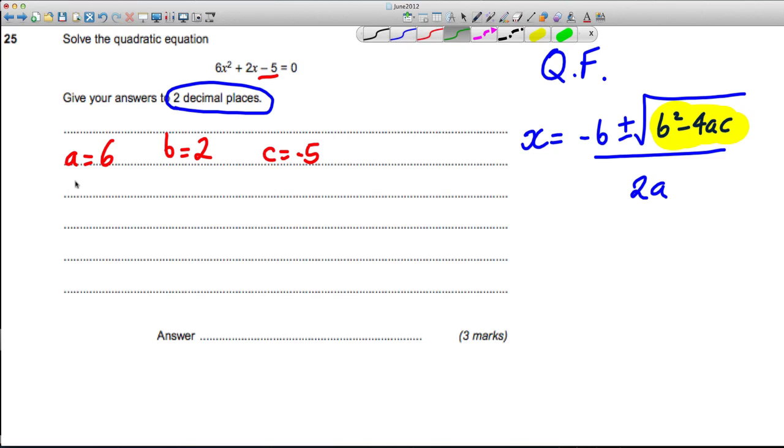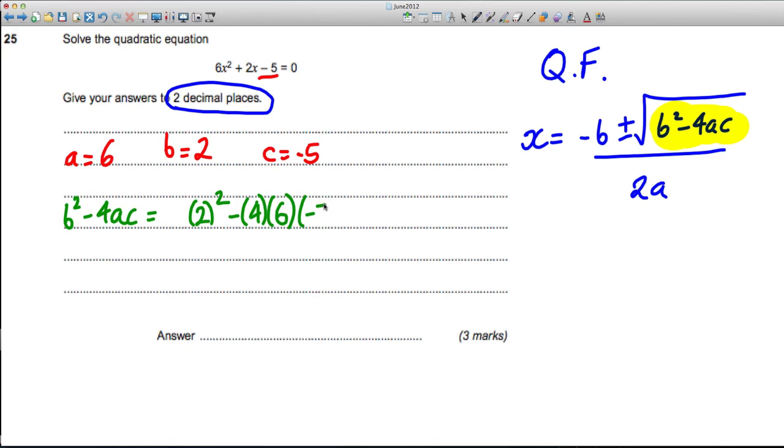So let's do b squared minus 4ac first, which would be 2 squared, subtract 4 times 6 times negative 5. It's important you get the negatives here, because 2 squared is 4. 4 times 6 times negative 5 is negative 120, but you're subtracting negative 120, so it's like adding 120, you get 124.